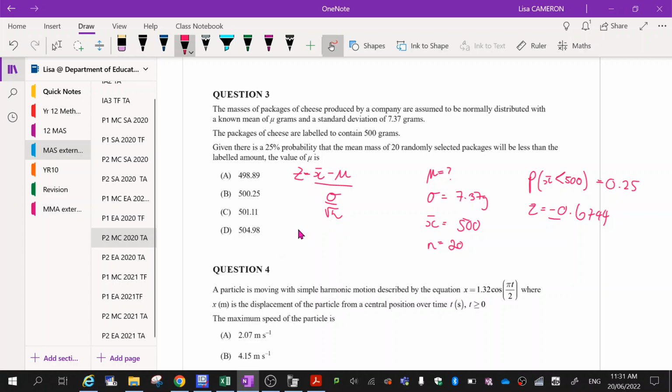So that's the formula that we're chucking everything into. So negative 0.6744 is equal to 500 minus the population mean over 7.37 over square root of 20. Okay, now when I put that into my calculator using solve, you'll get the answer of the mean equals 501.11.